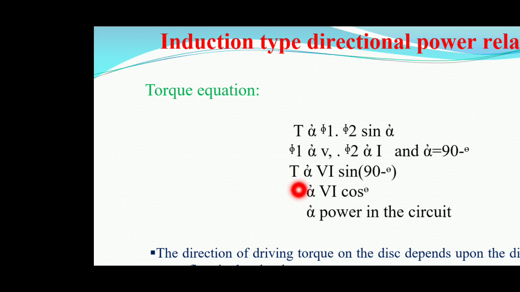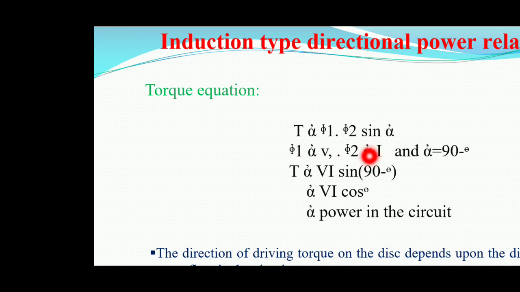For the induction type directional power relay, the torque is directly proportional to the power in the circuit, because phi 1 and phi 2 are directly proportional to the voltage and the current.